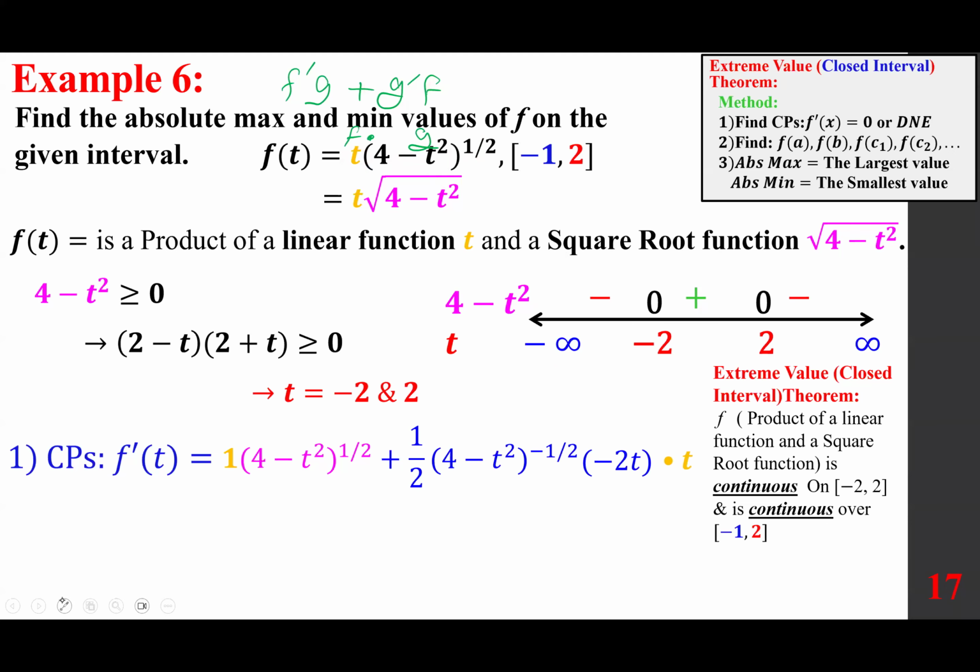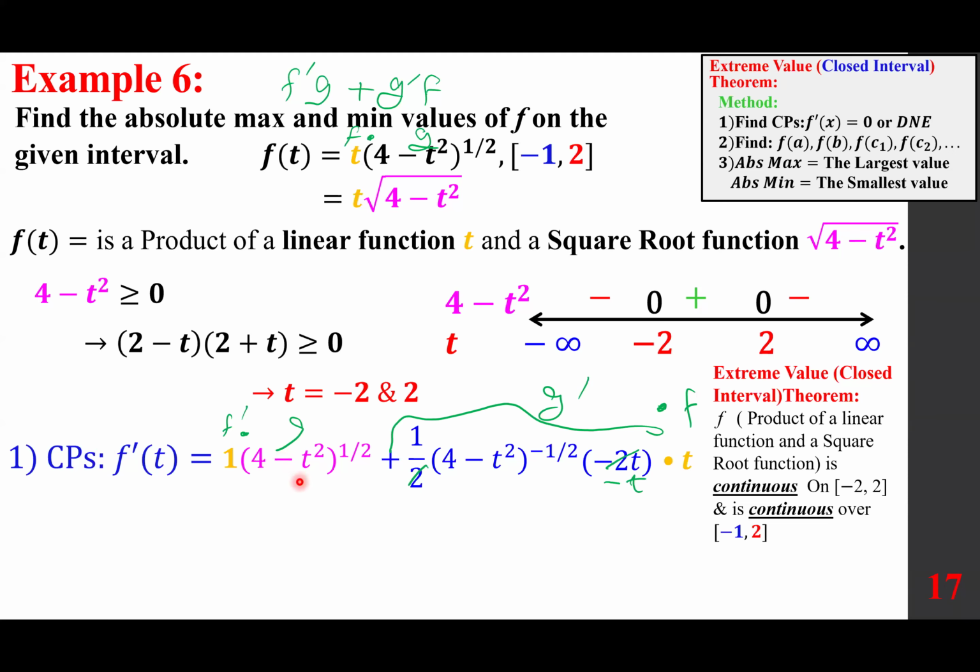So I'm going to write at top of it, this is f prime, this is g, this entire thing is g prime, and t is f. That's it. So f prime g plus g prime f. Now we are going to rewrite this and simplify it. Number one, notice that this 2 cancels out this one and changes it to minus t.